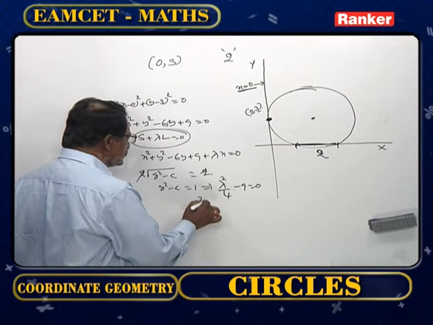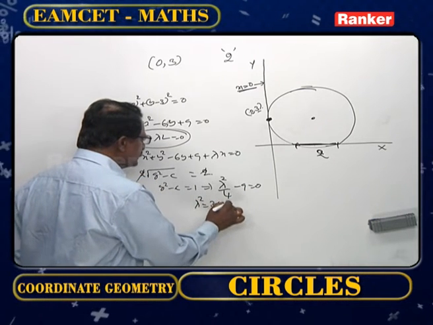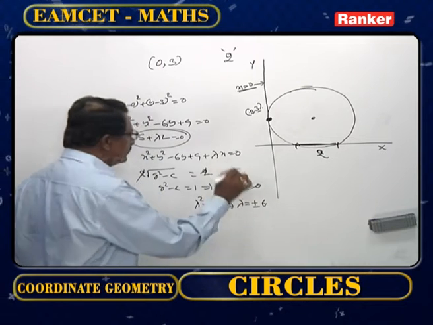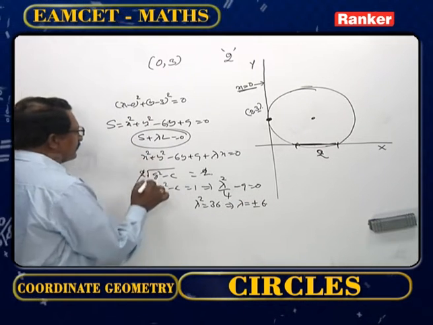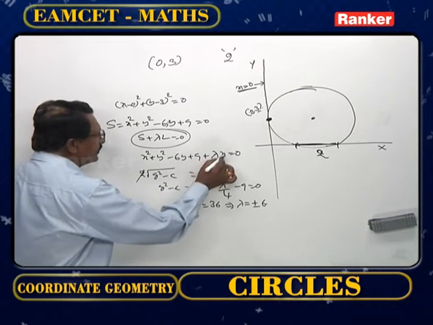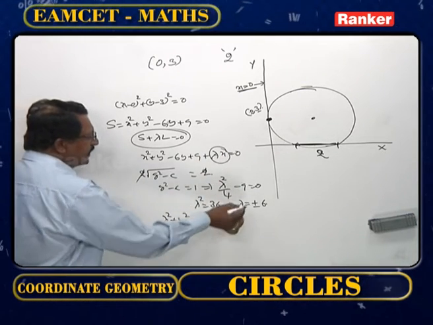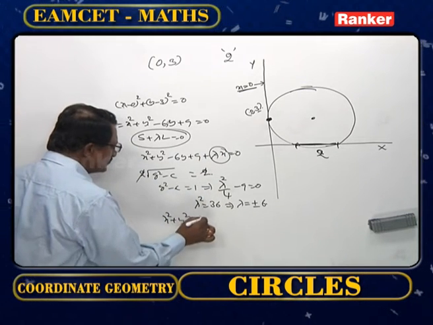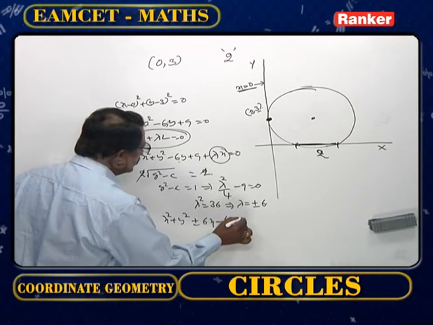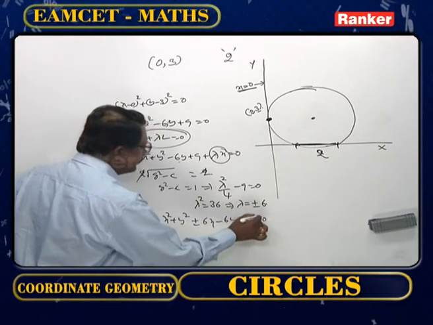Now lambda square equals 36, so lambda equals plus or minus 6. The required circle equation is x square plus y square plus or minus 6x minus 6y plus 9 equals 0.